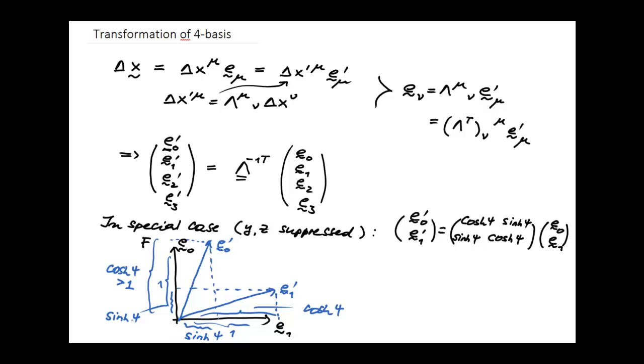So this is what the new basis looks like. Both the basis vector E0 primed and E1 primed are tilted with respect to the basis vectors in the original frame.